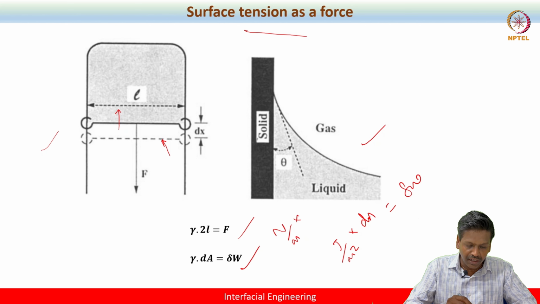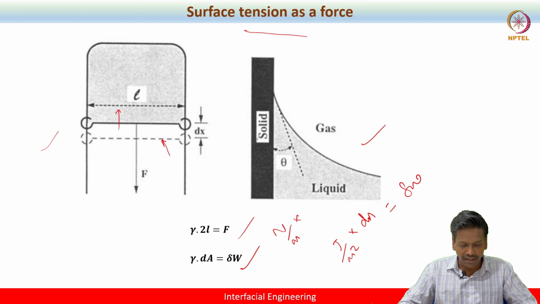Now, additionally, what we need to also look at is that surface tension is a tangential force, but because the liquid establishes contact at some angle, one has to include the components of forces. So, using the geometric rule, we can deduce this tangential force as gamma cos theta.